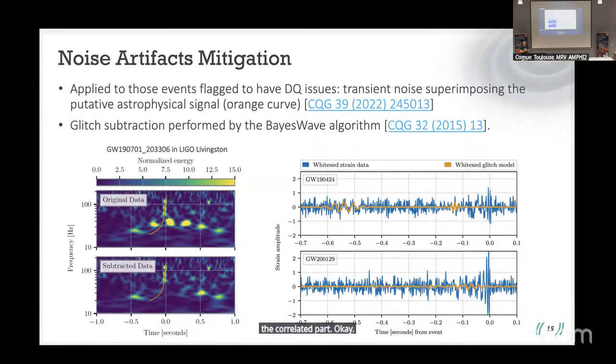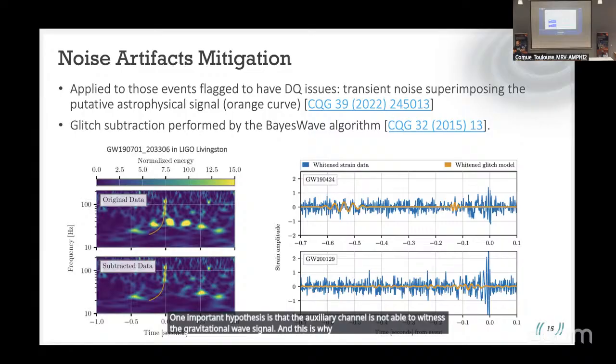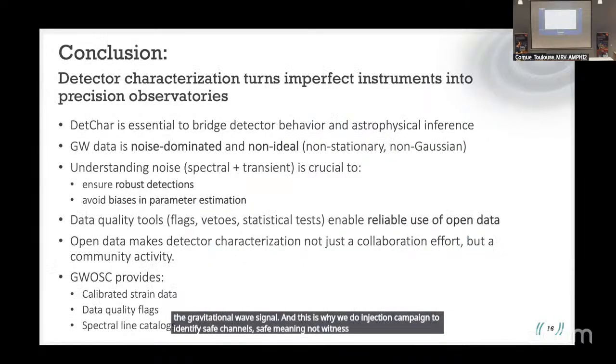One important hypothesis is that the auxiliary channel is not able to witness the gravitational wave signal. And this is why we do injection campaigns to identify safe channels, safe meaning not witnessing gravitational waves.